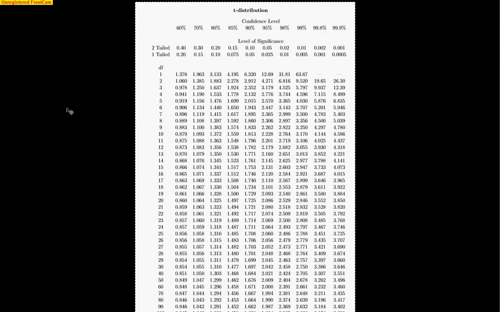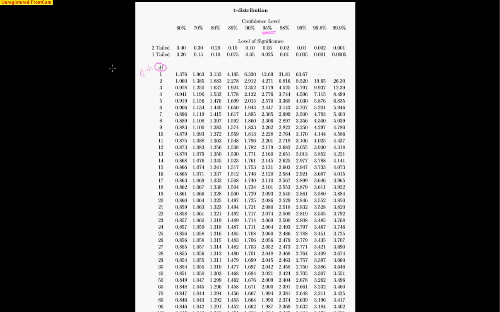Okay, so here is our t-table, I apologize. You should have your own t-table. We're looking at 95% confidence level, so notice that's right up here at the top. And here are our degrees of freedom. Rather than a z-score, we have degrees of freedom, which is just n minus 1.